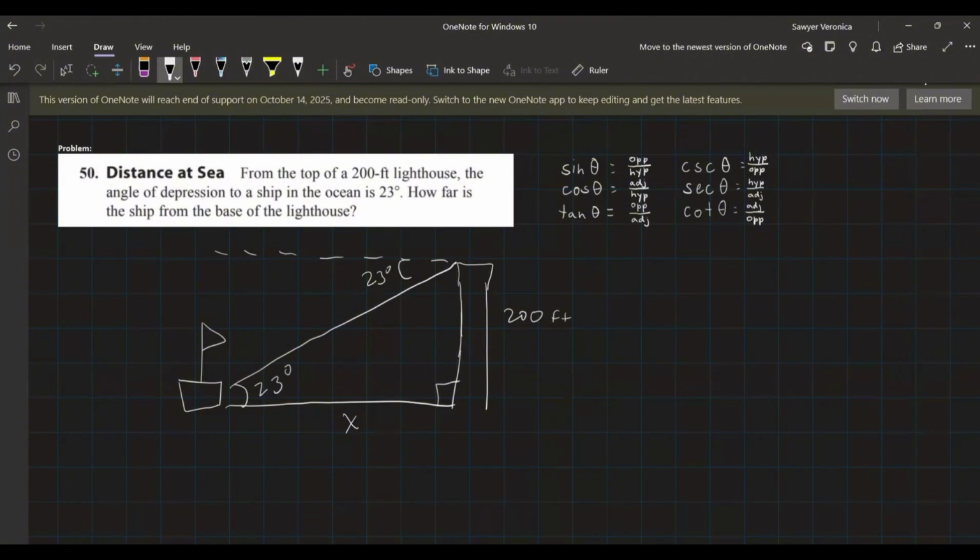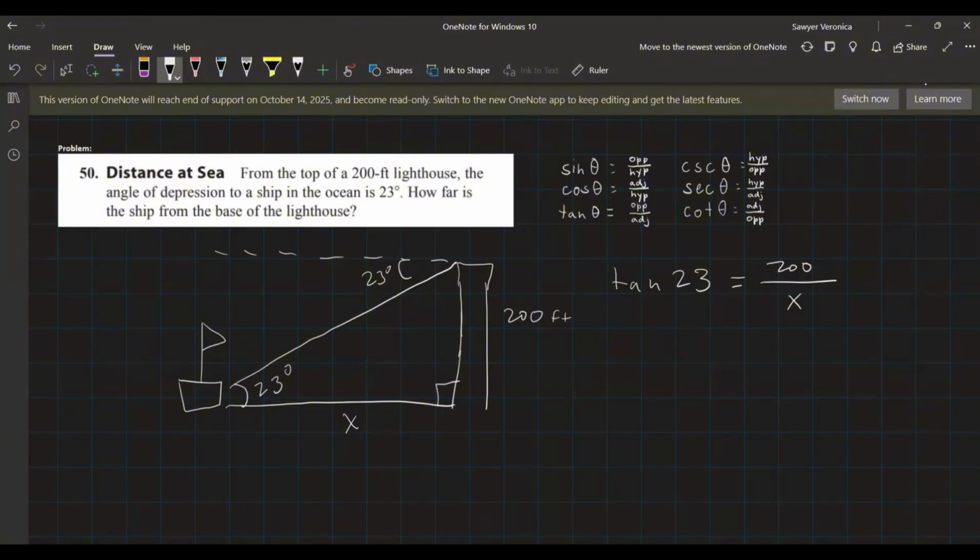We have the angle, the side adjacent to it, and the side opposite to it. This would be tangent. So tangent 23 is equal to the opposite side, 200 over x, which is your adjacent side.